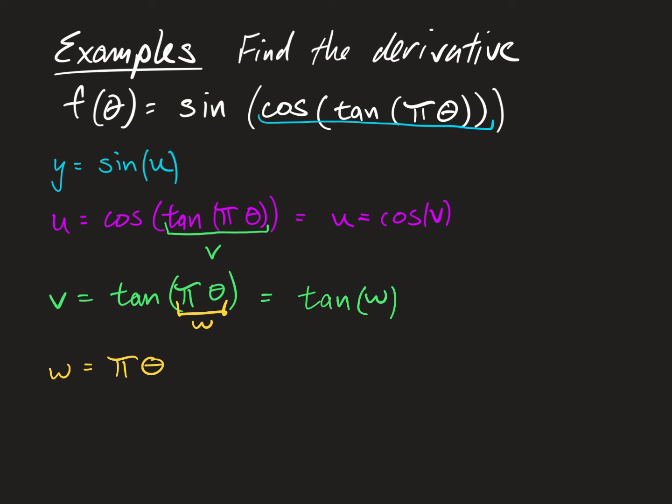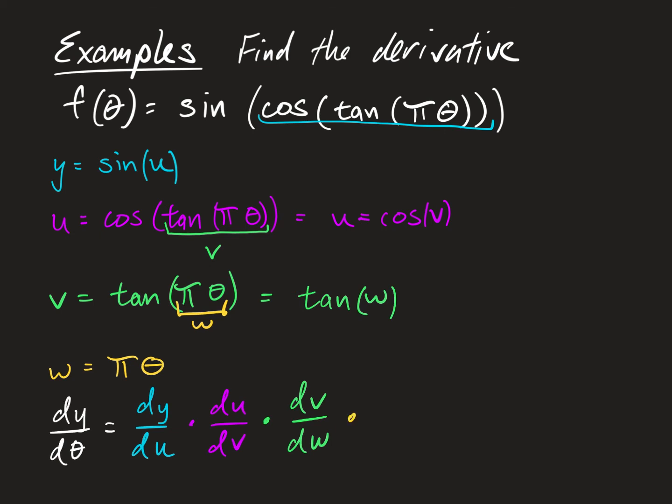Here, what we have is many steps to get through this. So we want to take the derivative of y with respect to theta, but first we're going to have to take the derivative of y with respect to u. Then we're going to have to multiply that by the derivative of u with respect to v. Then we're going to have to multiply that by the derivative of v with respect to w.